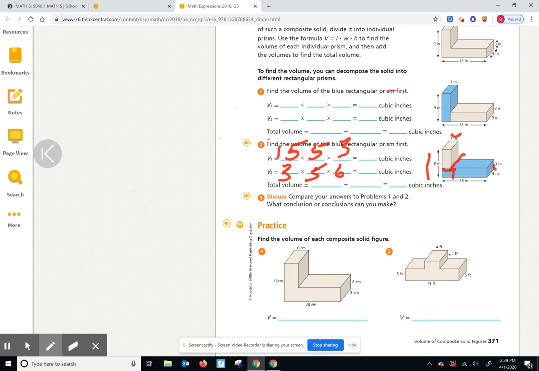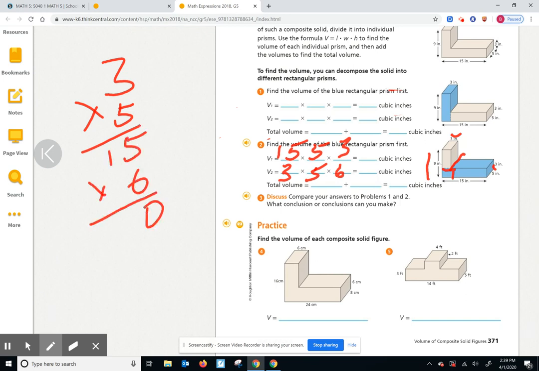So now, again, a little easier math for that second rectangular prism, the volume of that second one, but the first one should be pretty straightforward. Okay, so 3 times 5 gets me to 15, times 6 gets me to 90 is my volume for the smaller rectangular prism.